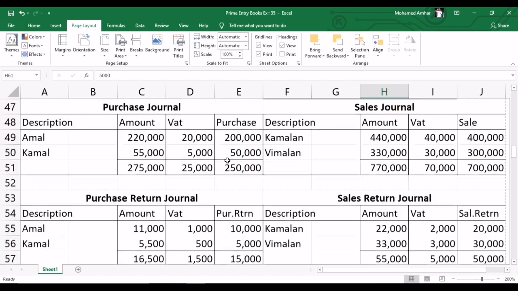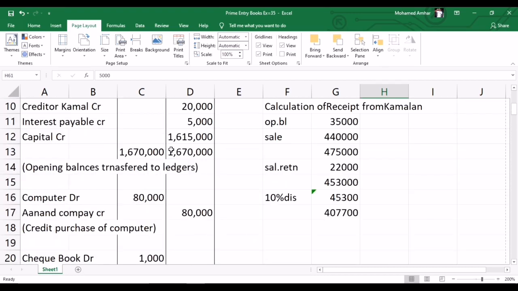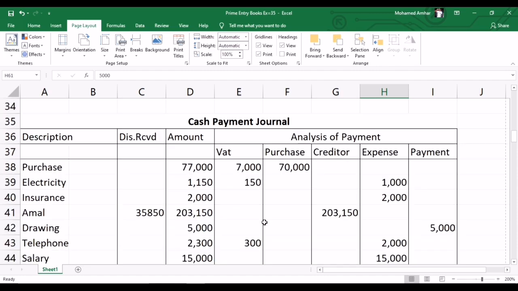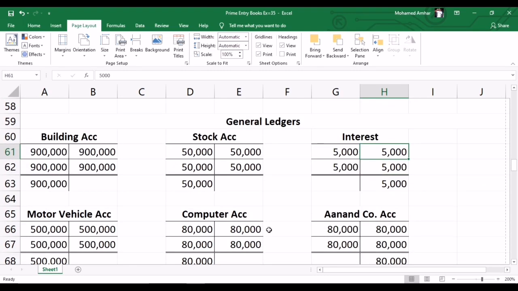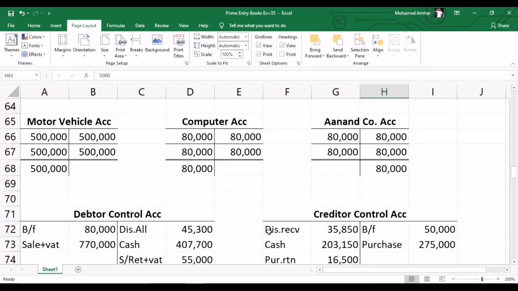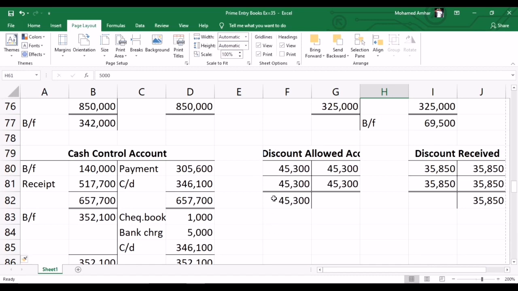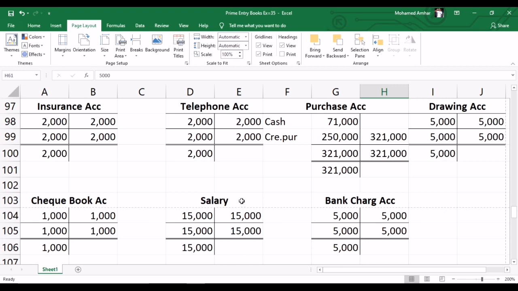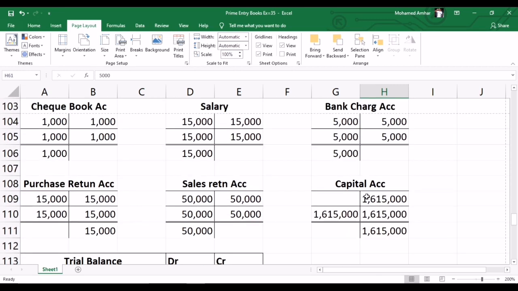And then we find out the capital 1,615,000, that should be recorded in the capital account. Check whether capital account is there. Yes, capital account, here 1,100,000, 1,615,000.